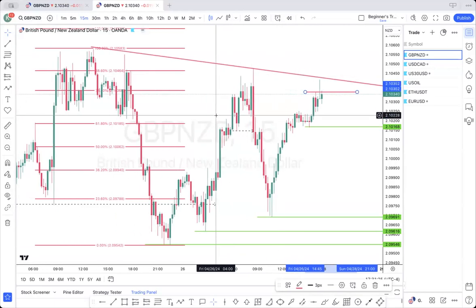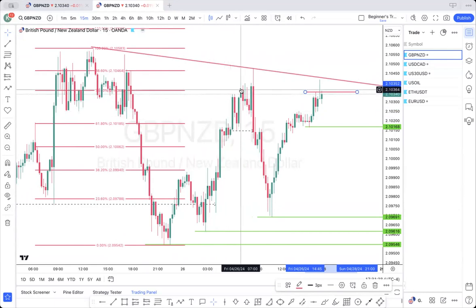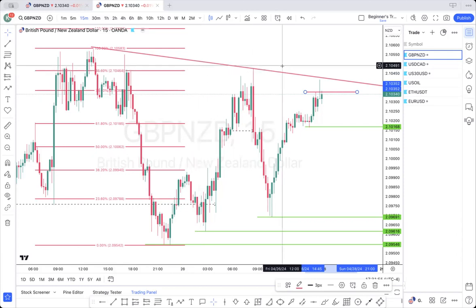All I know is the fact that it came to this 78 or the 88. Now, if I'm looking at it from here and price pushed up into this order and then gave me this order block, I would definitely be waiting for it to come to the 88. What's that price? 2.10464.